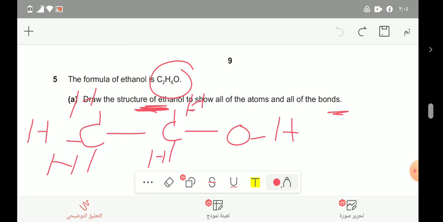This is ethanol. The formula is CnH2n+1OH, where n is the number of carbon atoms. If we have 2 carbon atoms, as here, 1, 2, we should have 5 hydrogen, 1, 2, 3, 4, 5, plus OH. You have to follow this law or formula, then you can arrive at the right formula.